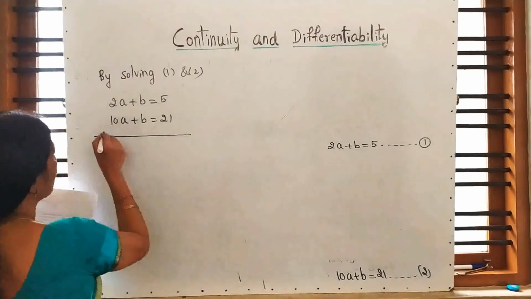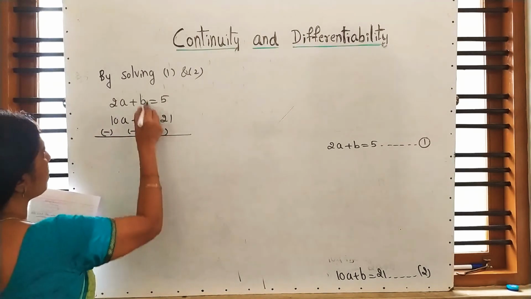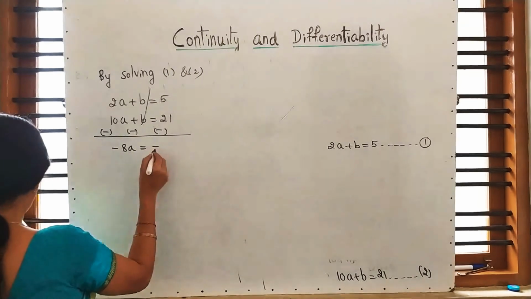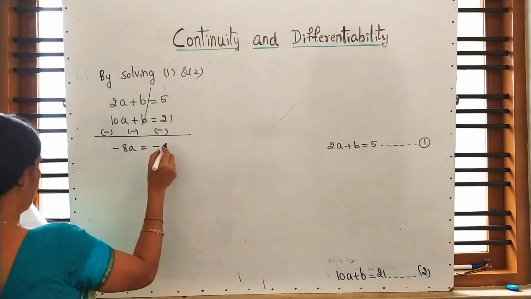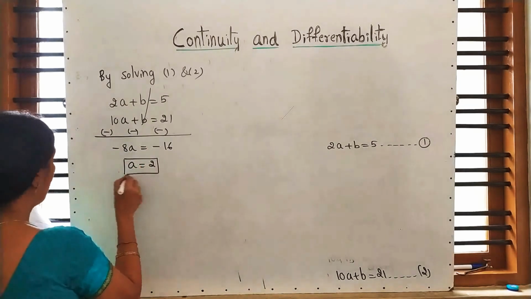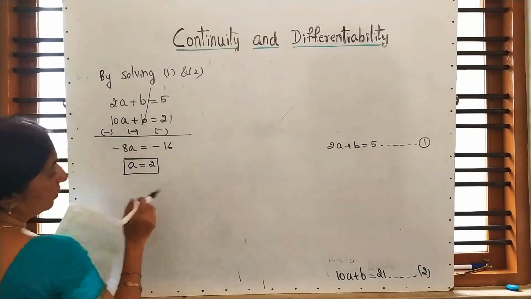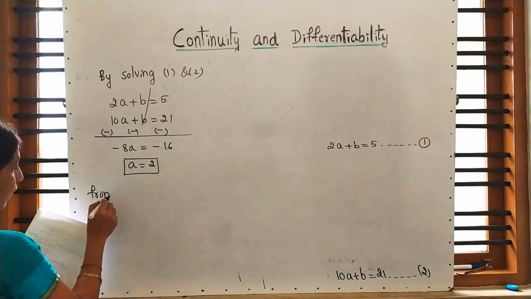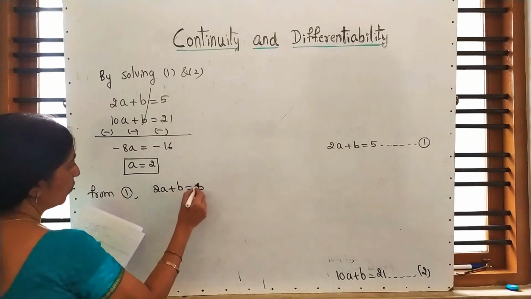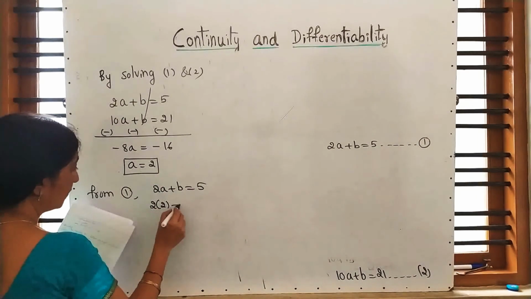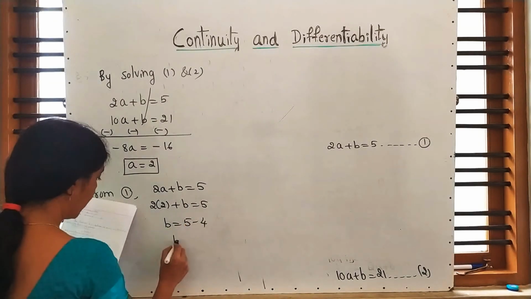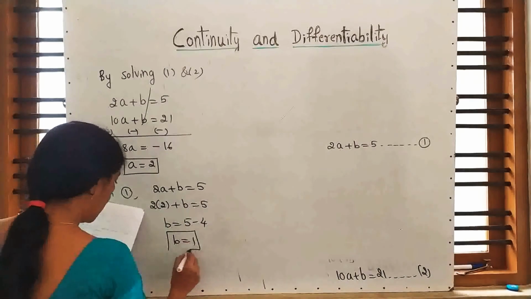Directly if you change the sign and go for subtraction, it is minus 8a is equal to minus 16. Therefore a is equal to 2. Now select any one of the equations, either first or second, to calculate b. From equation 1, 2a plus b is equal to 5. Write down that a value. So b is equal to 5 minus 4. What is the b value? b is 1.